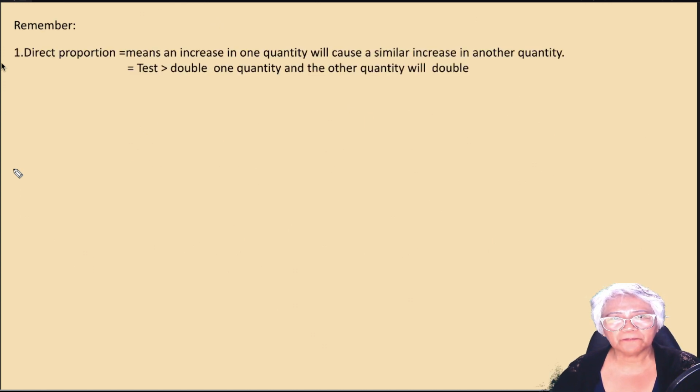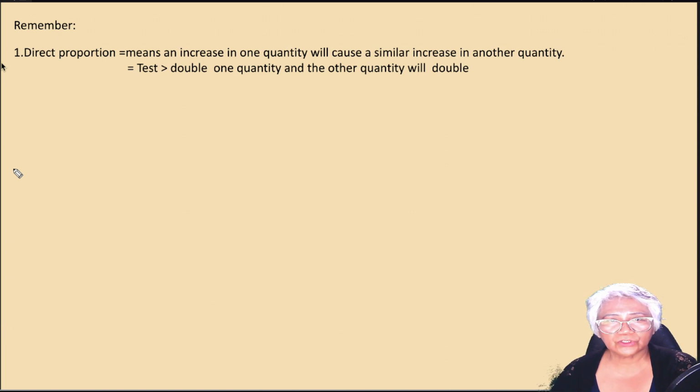Okay, so after that, then we're going to now give a summary. And what do we need to take from this lesson? So we need to remember here the direct proportion meaning or definition. Increase in one quantity will cause a similar increase in another quantity. If one increases more than the other, then it means it is not a direct proportion.